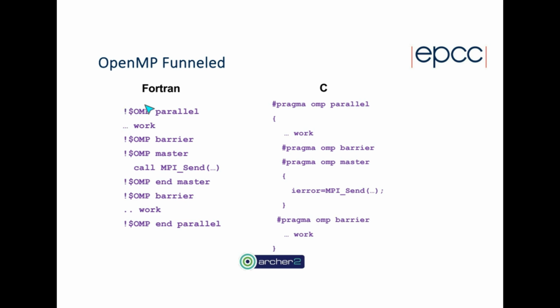Inside a parallel region, all threads might do some work. You might need to synchronize the threads, and then the master thread does the MPI calls, at which point you might need to synchronize again so that the other threads know that the MPI calls have completed, and then do some computation.